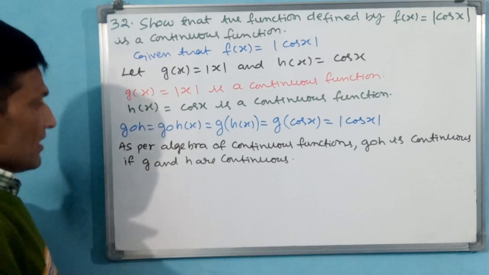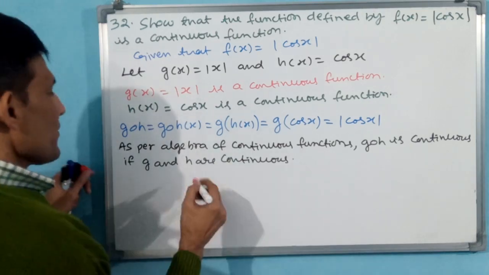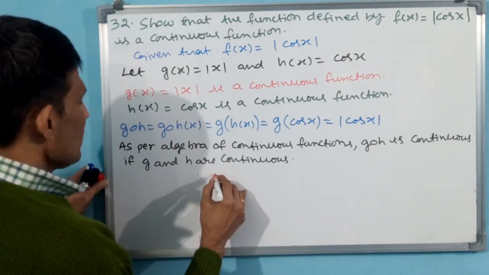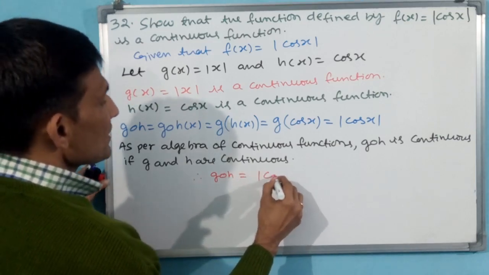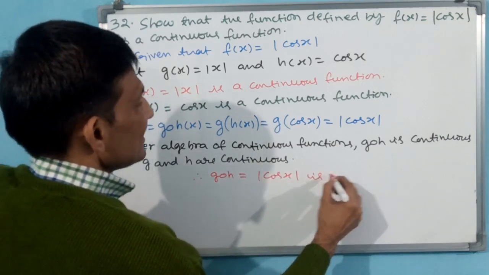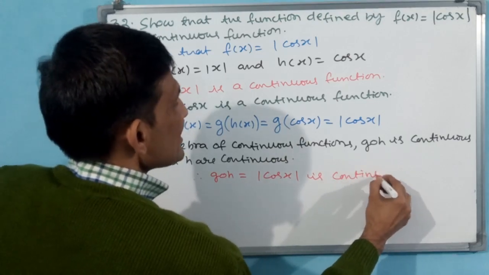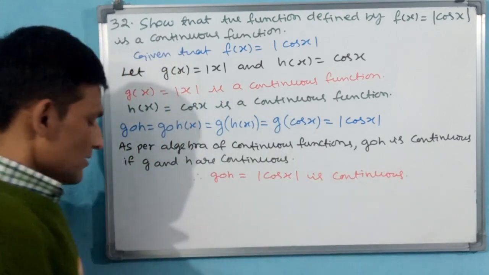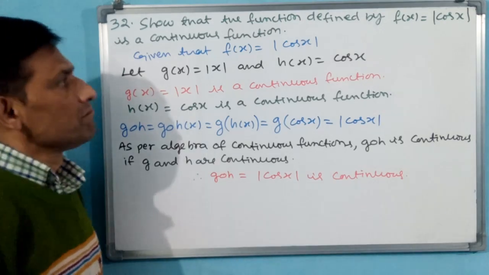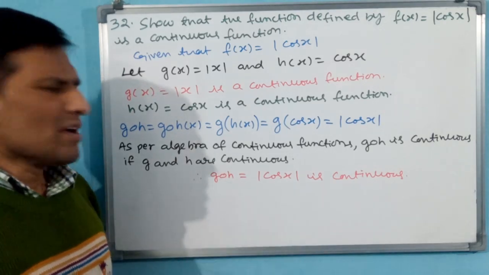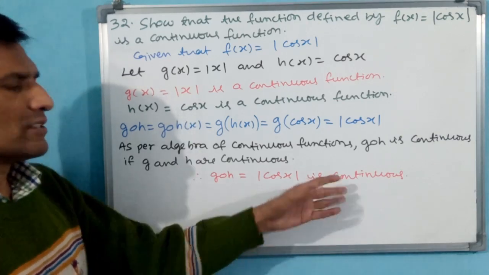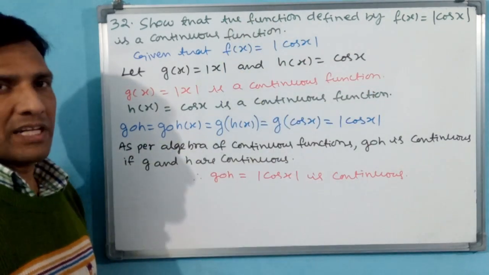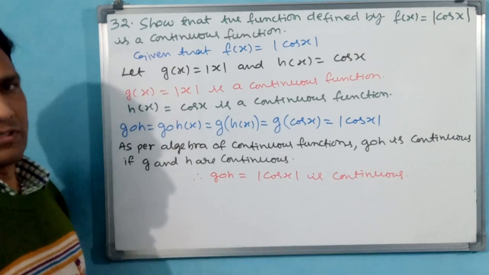Therefore g o h, that is equal to modulus of cos x, is continuous. That is equal to f of x, like that you can write, or else you will write modulus cos x is continuous means f of x only. Like this you write and close this question.